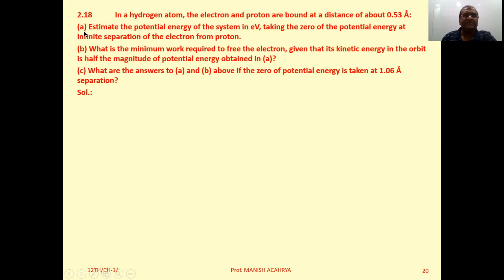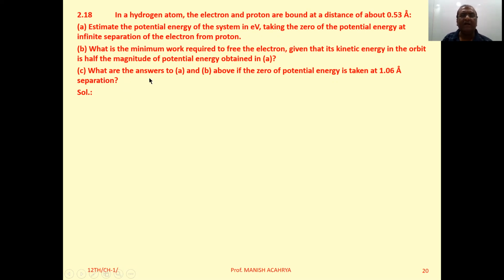Question A. Estimate the potential energy of the system in electron volt, taking the zero of potential energy at infinite separation of the electron from proton. B. What is the minimum work required to free the electron, given that its kinetic energy in the orbit is half the magnitude of potential energy in A?